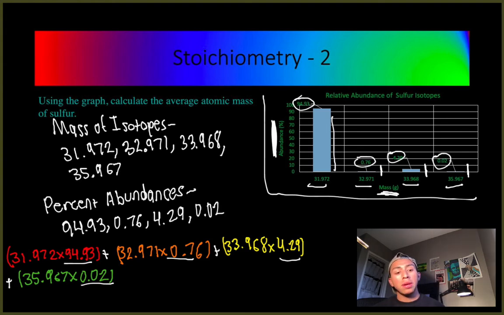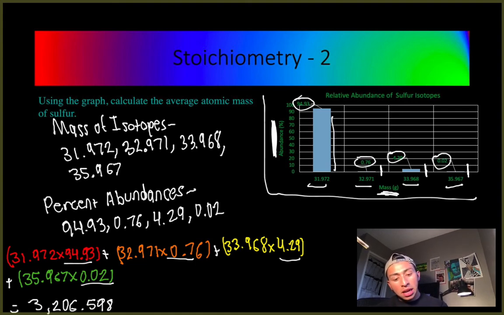Now, after we find the product of each of these sets and calculate the sum of all of these products, we get an answer that's actually 3,206.598.